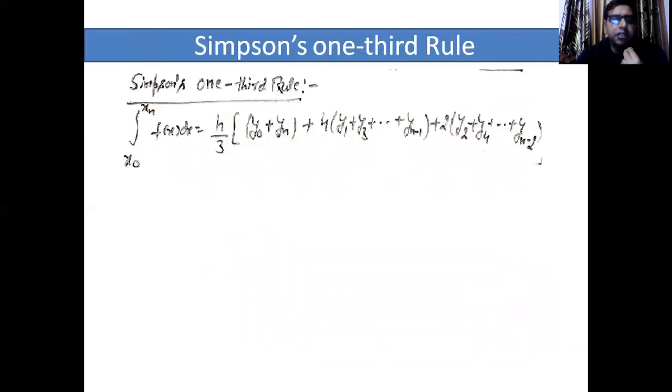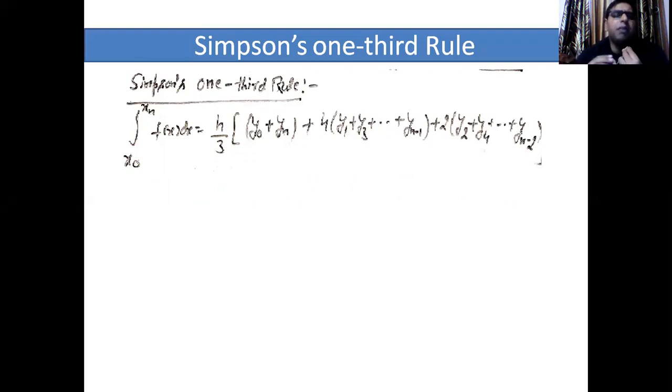The second method is Simpson's one-third rule. So what is Simpson's one-third rule? It says one-third, so we denote it by h by 3, multiplied by y naught plus yn, the same first value plus last value, plus 4 times the sum of the values of odd suffixes y1, y3 and so on to yn minus 1, plus double the sum of the values of even suffixes y2, y4 and so on to yn minus 2.